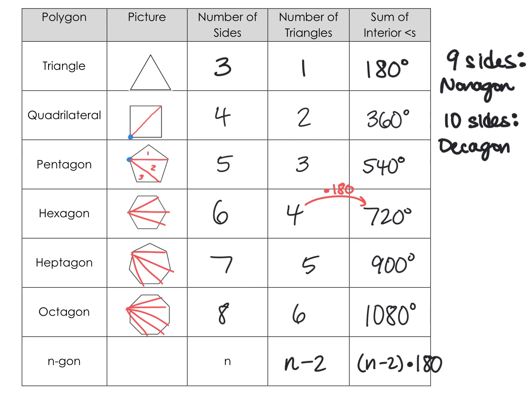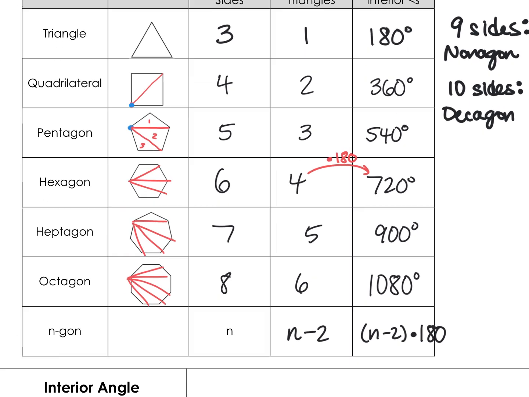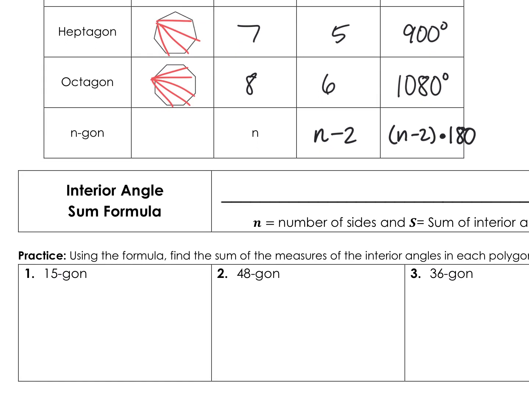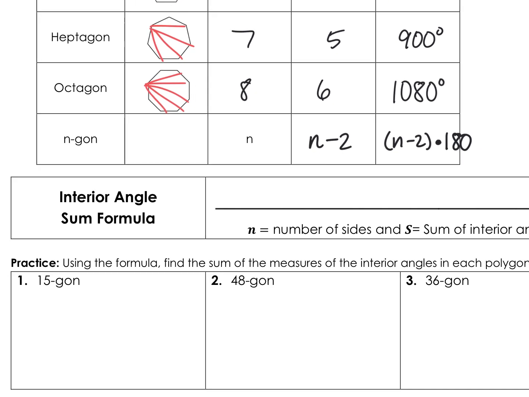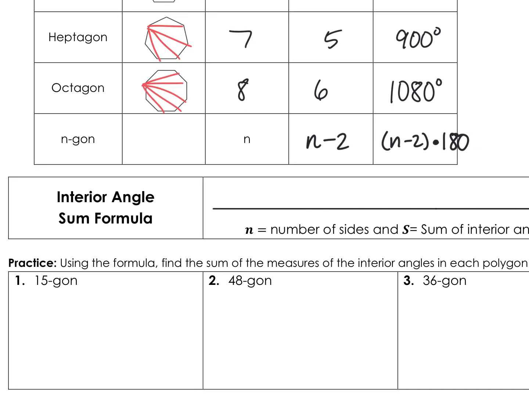You should know this. And we'll also talk about why this makes sense. Why does it make sense that you are going to have 2 less? Look at maybe any one of these, the heptagon, the octagon. Why can't I have 8 triangles on the octagon?